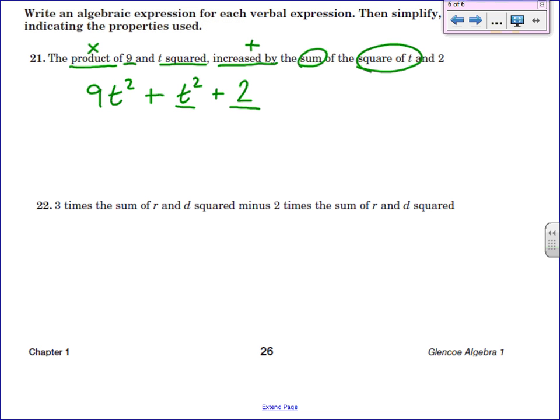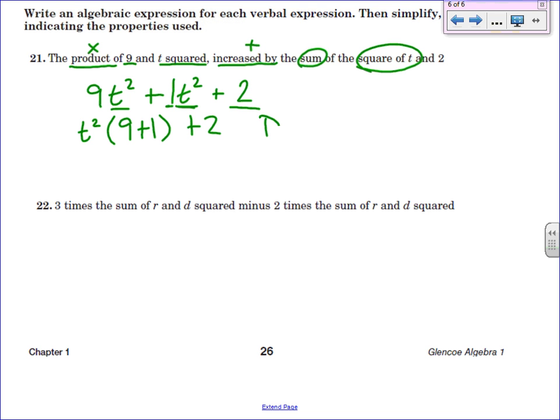So if we look at this, it says we're supposed to simplify and indicate the properties that we use. So I see 2 like terms. We have 9t squared and t squared. And since there's no number in front of the t squared here, there's an implied 1. So I can pull the t squared out front, and then I'm left with 9 plus 1. That 2 is still there. I haven't done anything to it.